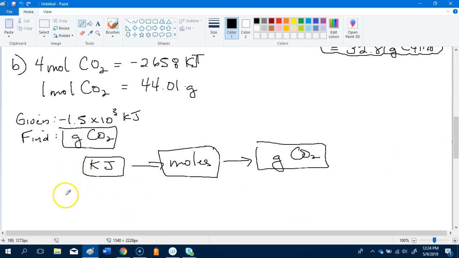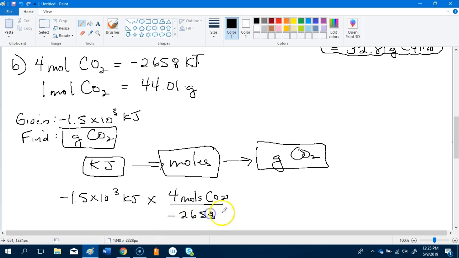So my kilojoules is, I am given negative 1.5 times 10 to the power of 3 kilojoules. And I'm going to change that over to moles. So I have 4 moles. So 4 moles of CO2 are produced by this negative 2,658 kilojoules.